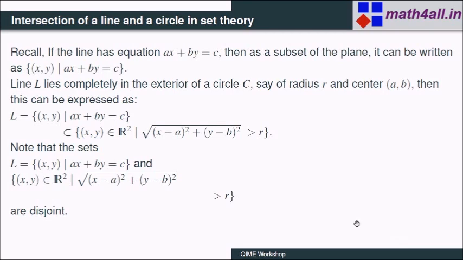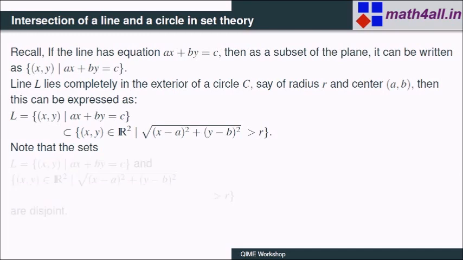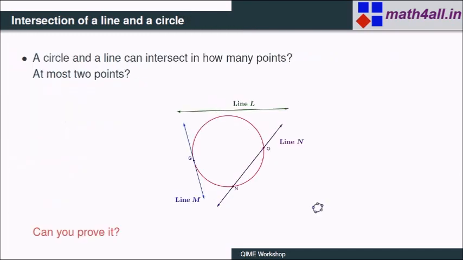If it does not have a solution, this line will not intersect. It may have two coincidental solutions. Then it will be this situation, line M, and there could be two different real numbers which are solutions that will correspond to the line N. So one can prove it mathematically by solving the equations of the line and the circle, looking at the coordinate geometry equations and solving them for the two variables.